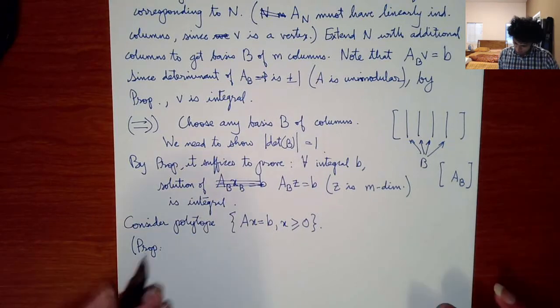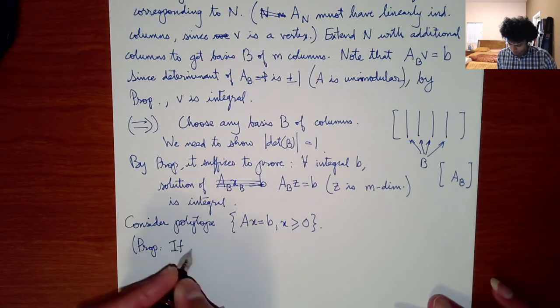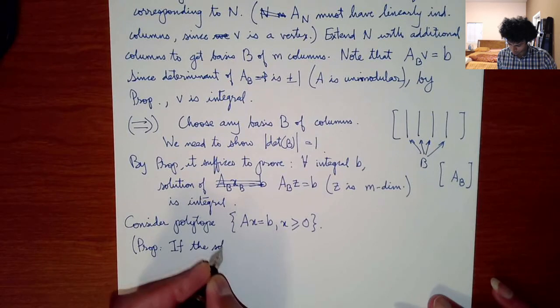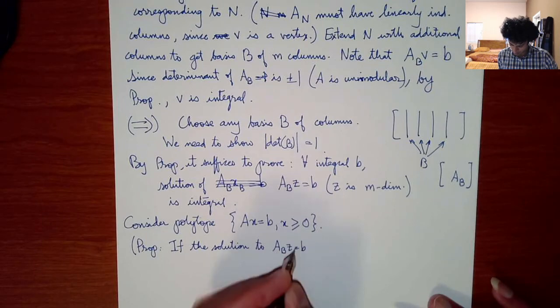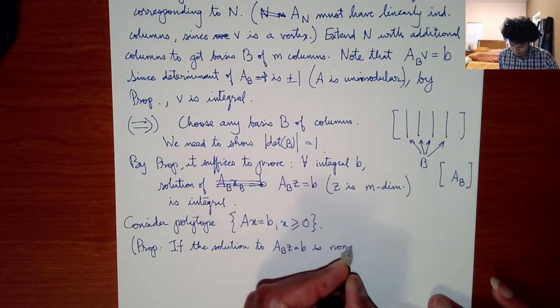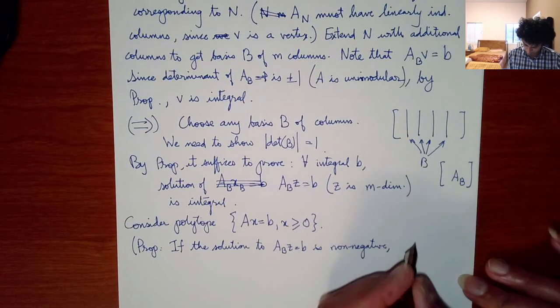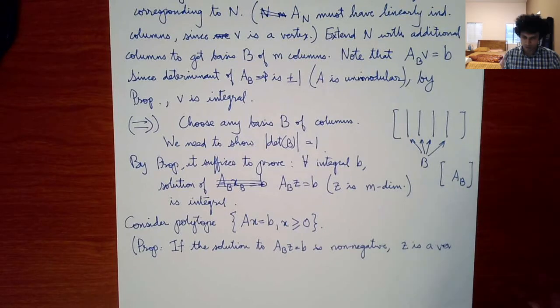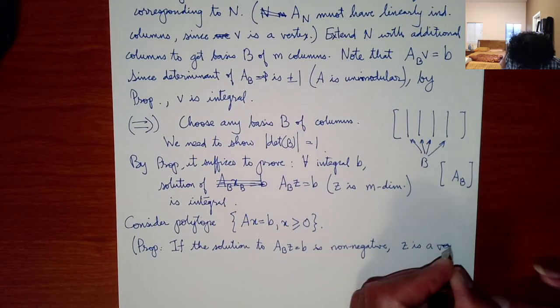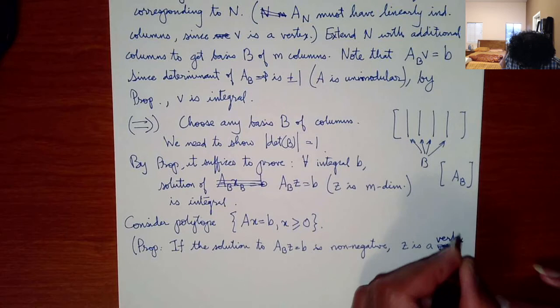The proposition is that if the solution to A_B z equal to b is non-negative, then z is a vertex. You can argue that if the solution happens to be non-negative, and that's because it's a basis, then z is a vertex.